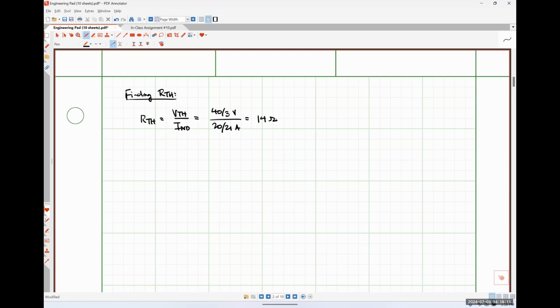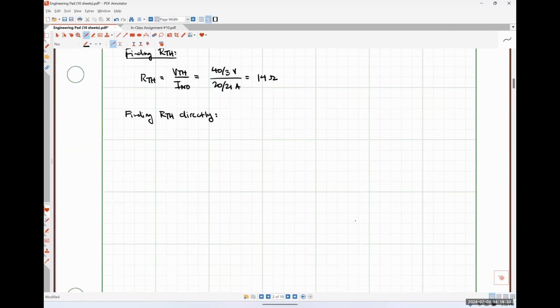Now, it would be nice if we were able to verify that this is correct. So let's call this finding RTH directly. When we're trying to find the Thevenin equivalent resistance of a network, we need to look into the terminals of a dead network and see what resistance we see. So I'm just going to redraw my network really quickly.